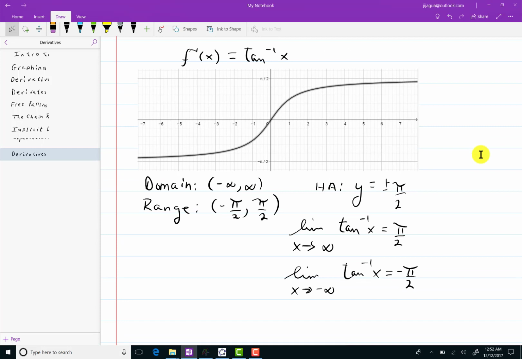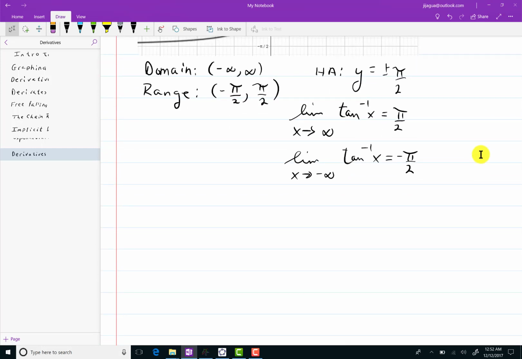And as before, we have tangent of tan inverse of x equals x for all x in R. For all real numbers x, because the domain of tan inverse is negative infinity to infinity.